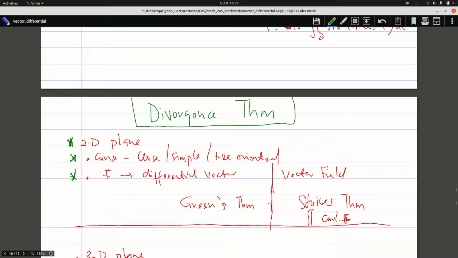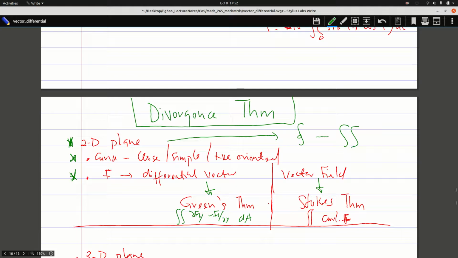We established that if it's a differential form, you use Green's theorem. If it's a vector form, you use Stokes' theorem. That means you're going to use the curl of f. Green's means the same double integral, but your second minus your first. In all this, we are moving from a line integral to a double integral.